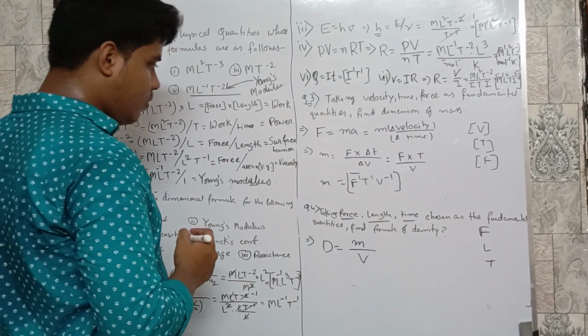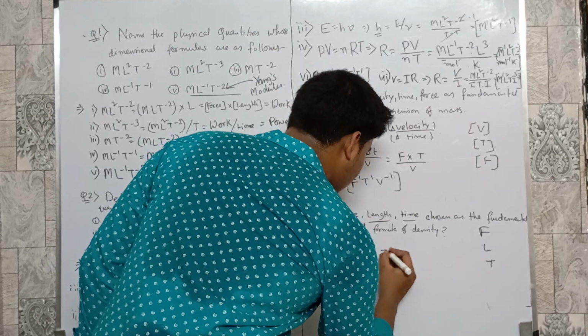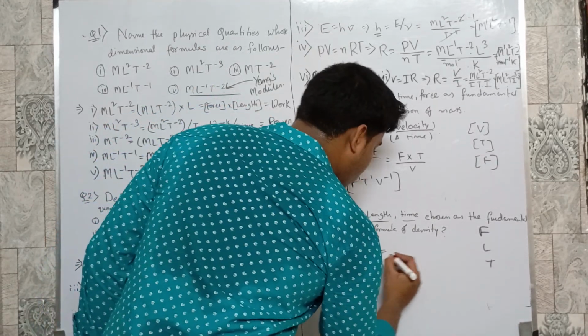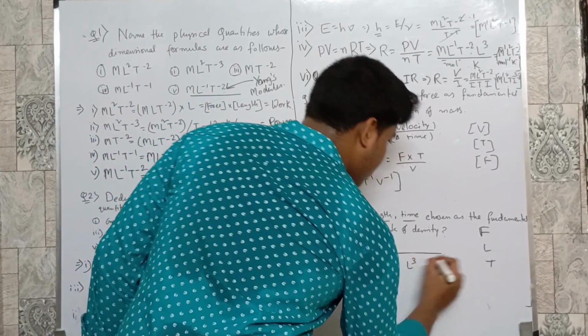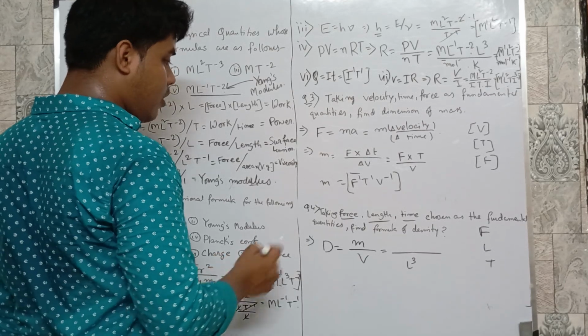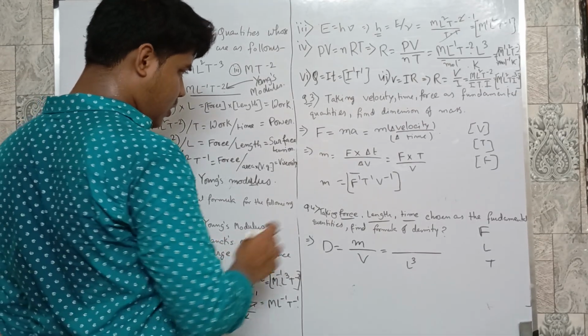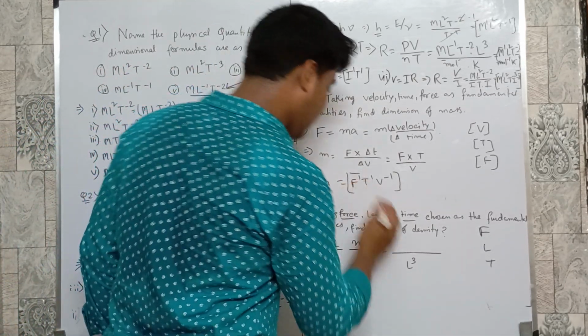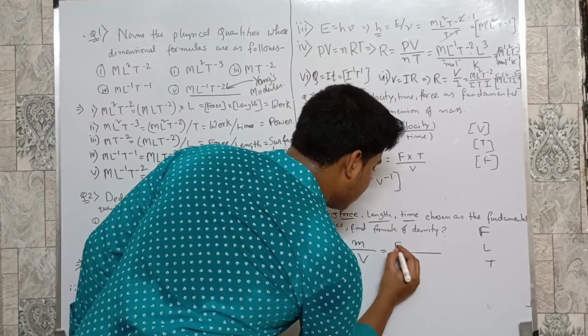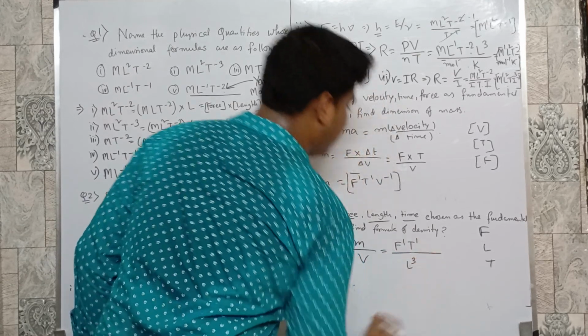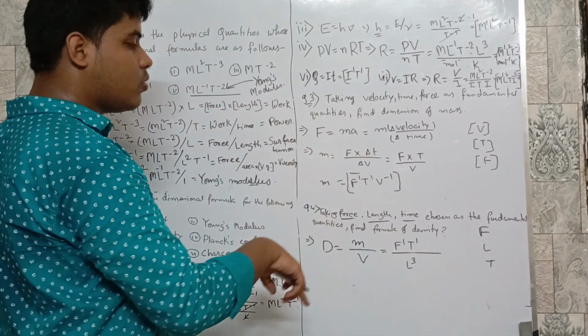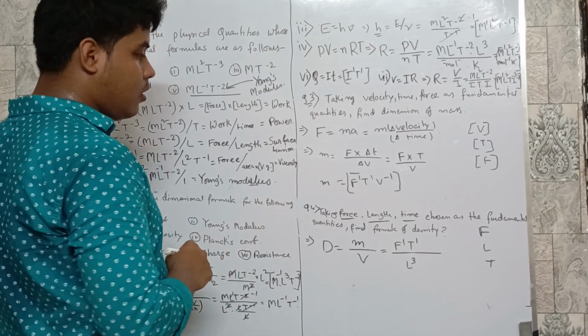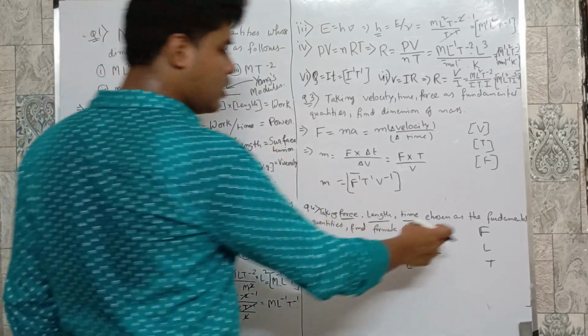So how can we do that? For volume it is L cube, because L is permitted here. For mass we have found that it is f to the power 1 and t to the power 1, but velocity to the power minus 1, and velocity is not allowed here, but velocity is L T minus 1, which are allowed.